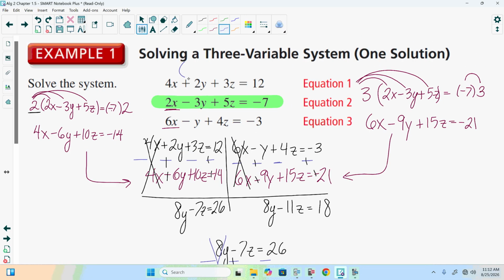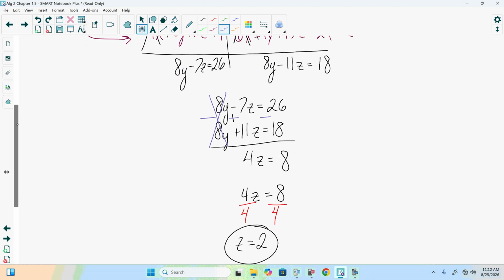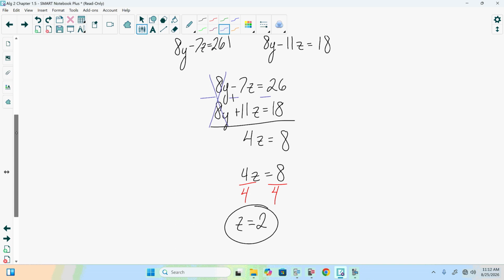I'm just going to put it right here. We have one of the solutions. We have the value of z. It is 2. We have a third of the ordered triplet. Any questions on how we got to this point?